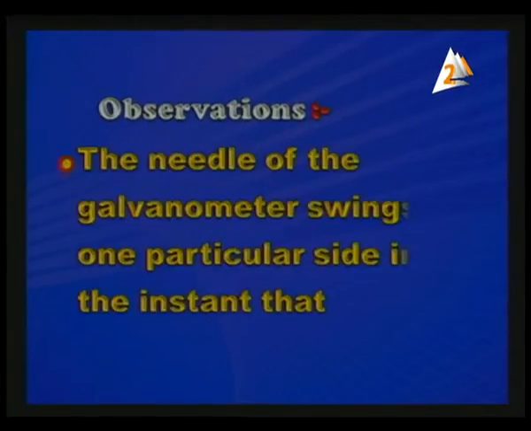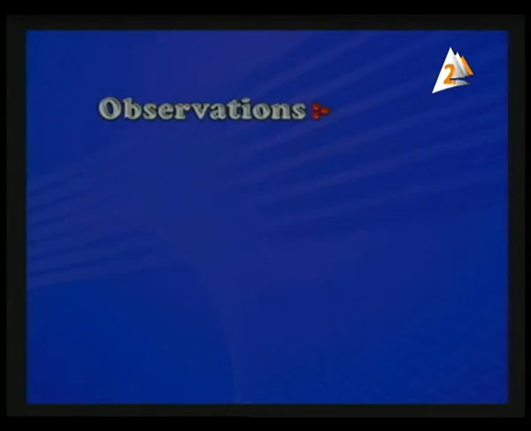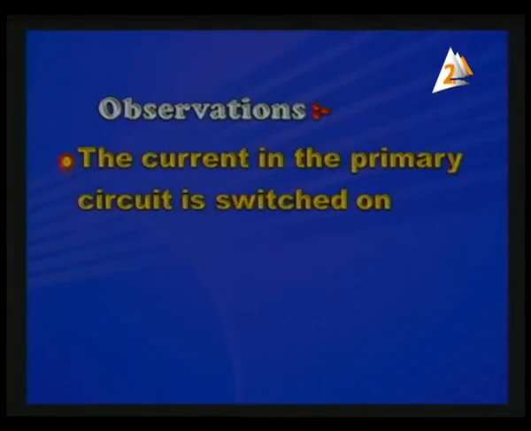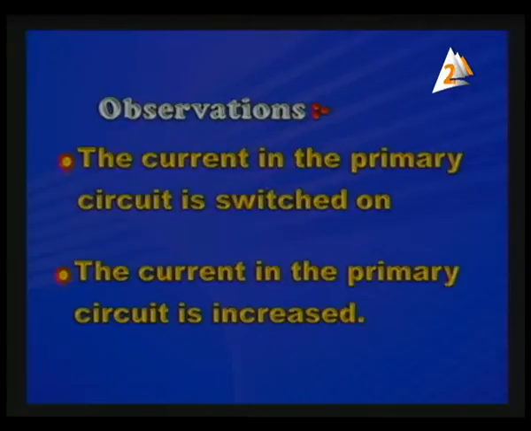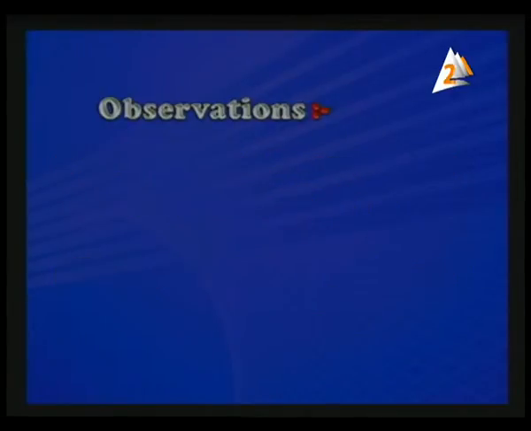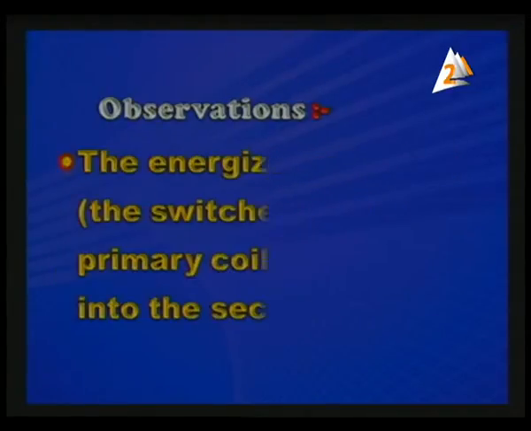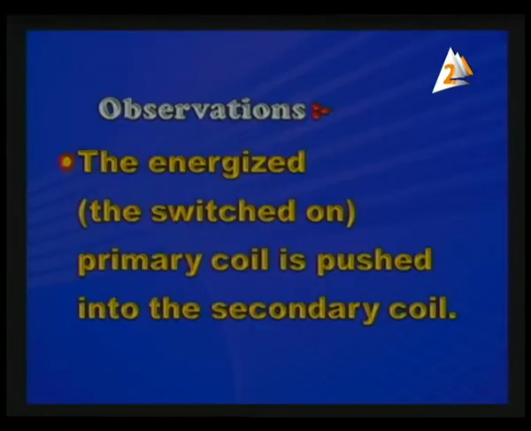Observations. The needle of the galvanometer swings to one particular side in the instant that the current in the primary circuit is switched on, the current in the primary circuit is increased, or the switched on primary coil is pushed into the secondary.